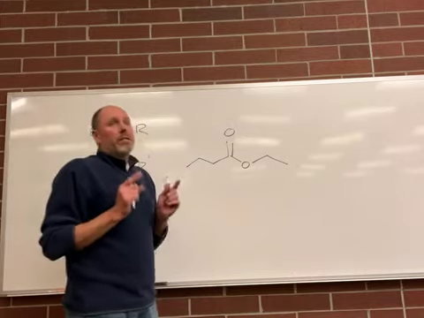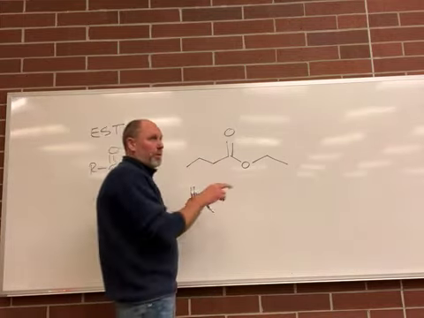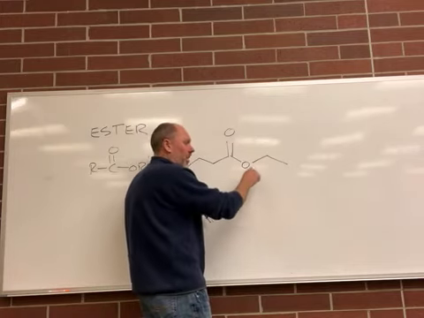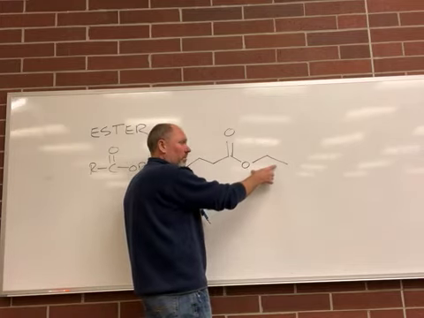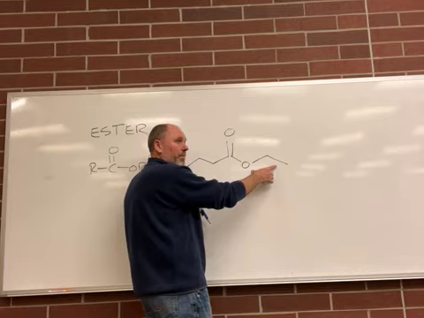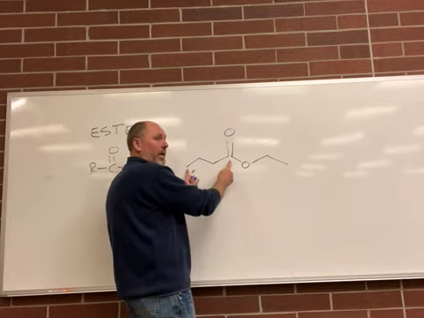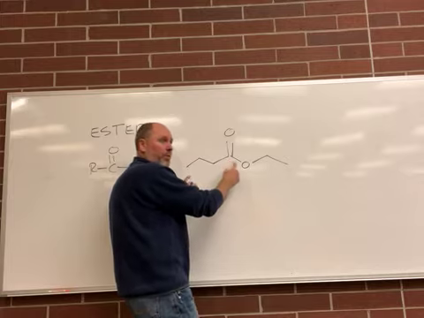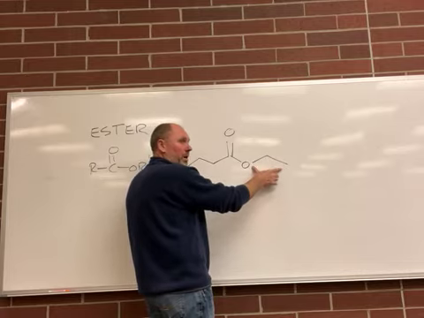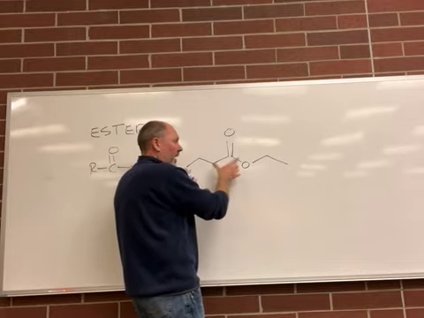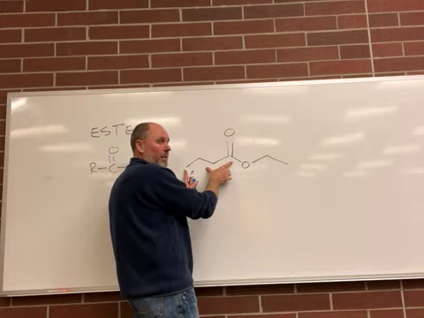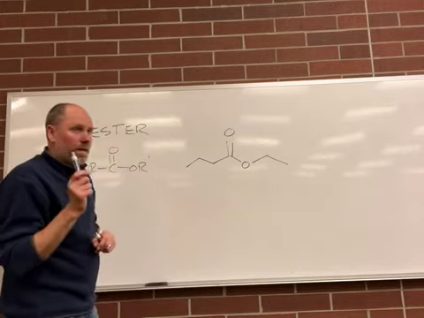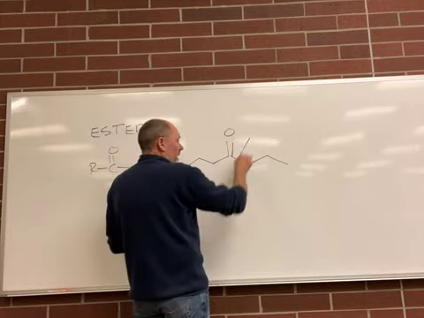We need to make a distinction between the carbon chain coming off the oxygen and the carbon chain that the carbonyl sits on. The way I do that is take a pen and cut this thing right through that bond.